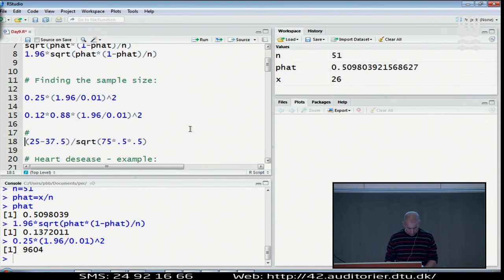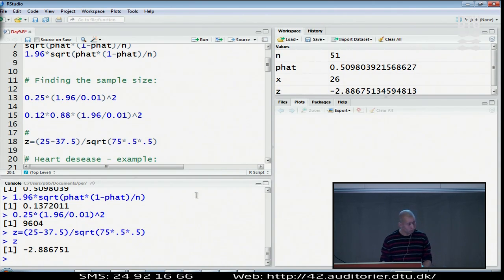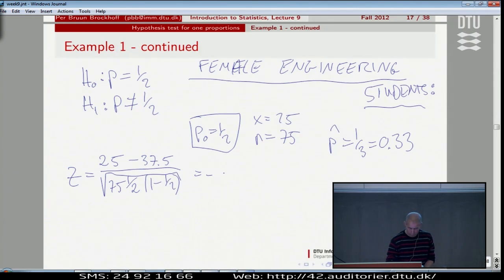That is the z. What is the z value? It's minus 2.89. Minus 2.89. Let's find the p-value of this hypothesis test.